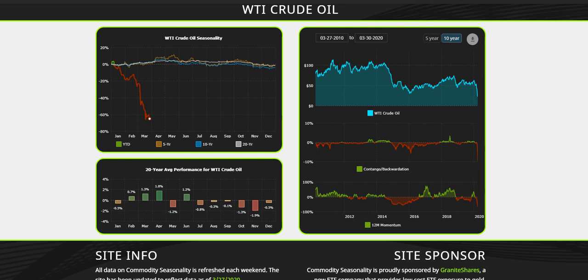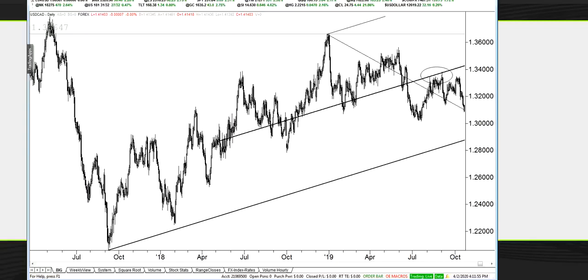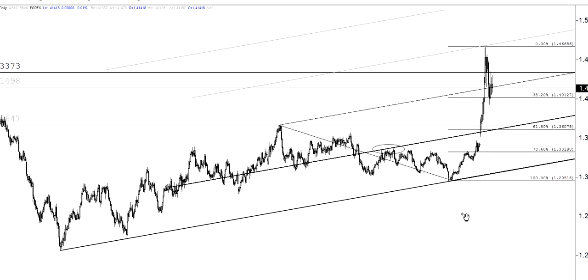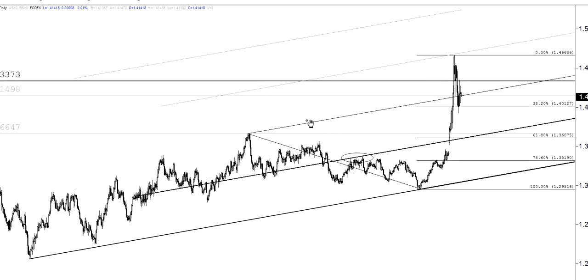So moving on from there, I said we would look at the Canadian dollar as well, and with this we are going to be looking at similar techniques. So this is a daily chart of the Canadian dollar. Remember with crude oil, I talked about the channel extension, right?